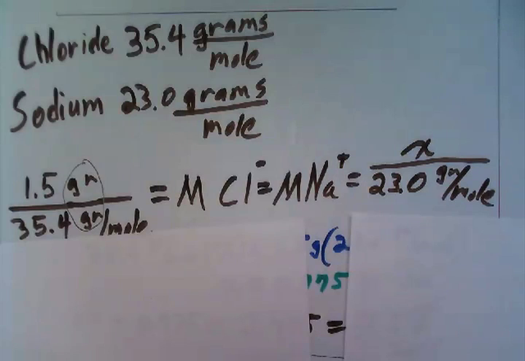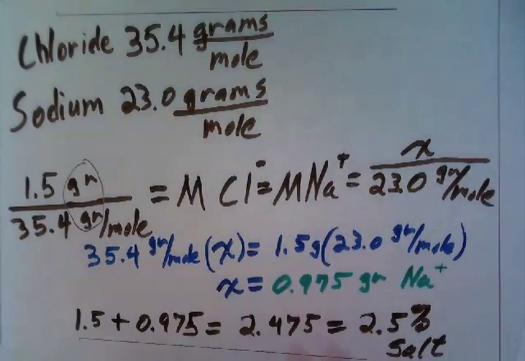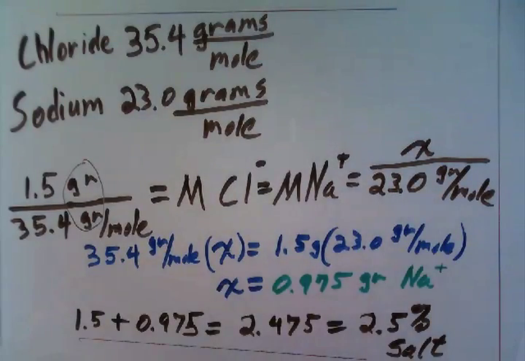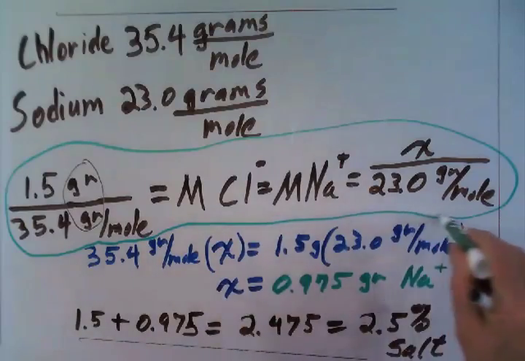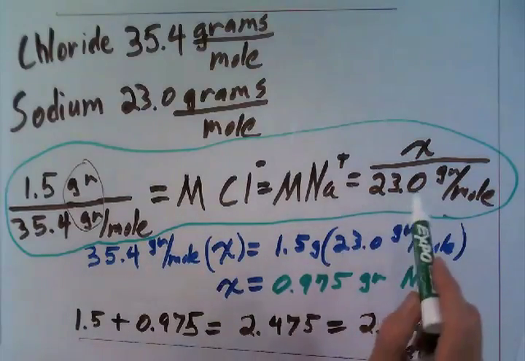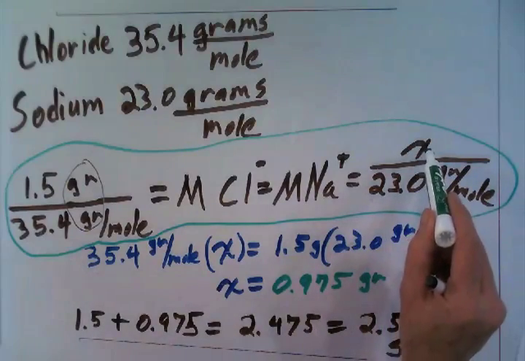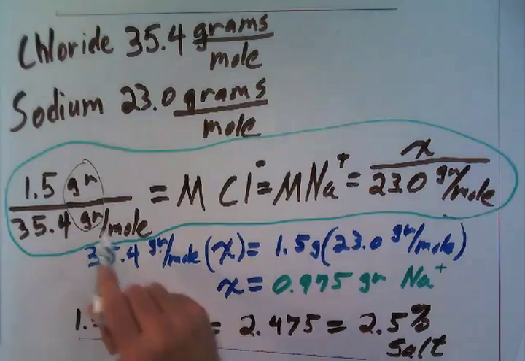And to simplify this, we should recognize that we don't care how many moles there are, we just want them to match. So we take this big formula here. It's not as big as it looks. And cross multiply and divide. So 35.4 times X, grams per mole. Look at the units you got, grams per mole.